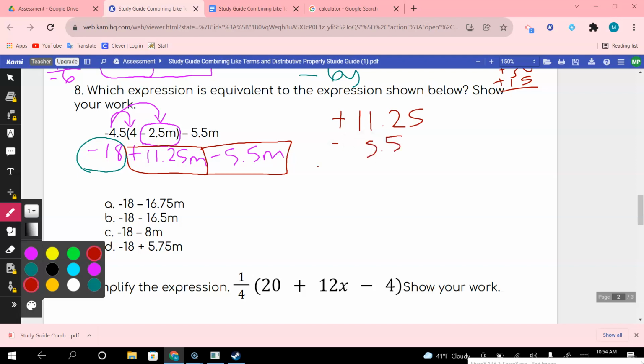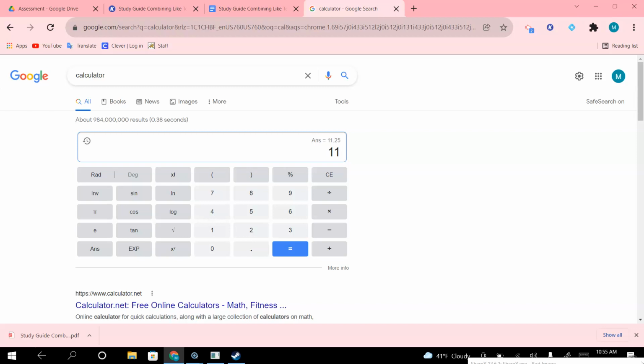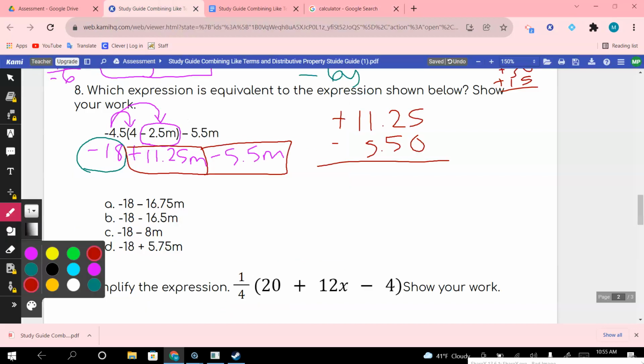You would line up your decimals, put a placeholder there, or we'll just use our calculator. 11.25 minus 5.5 equals 5.75. And it is going to be a positive 5.75. So D is our correct answer.